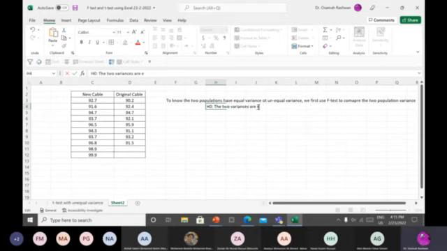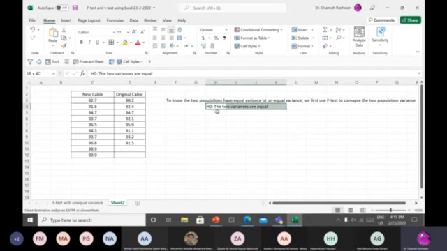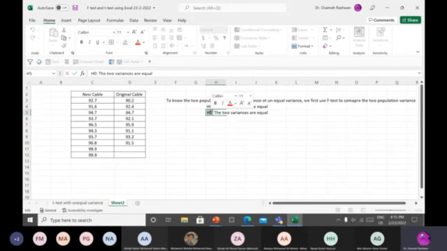The alternative, which I call HA, is the same but I make the opposite statement: instead of equal, I'm saying unequal. Because I said unequal, it is a two-tail F-test.